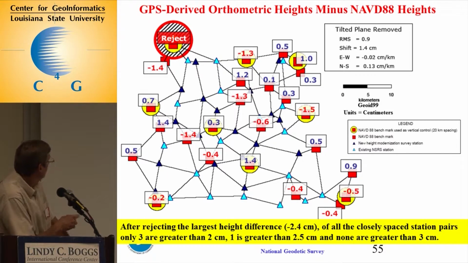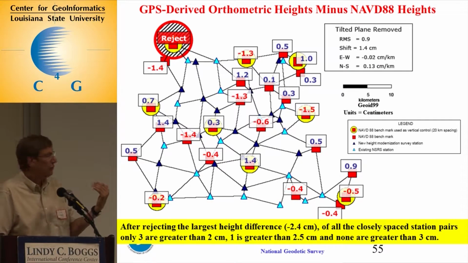When you do the constraint, you reject that, and it will make a difference to this tilted plane. And even this got just a little bit better. So all these differences got just a little bit better. But after rejecting this one and saying it doesn't seem to fit, the largest height difference was 2.4 centimeters, and all the closer spaced pairs are only greater than 2, or 3.